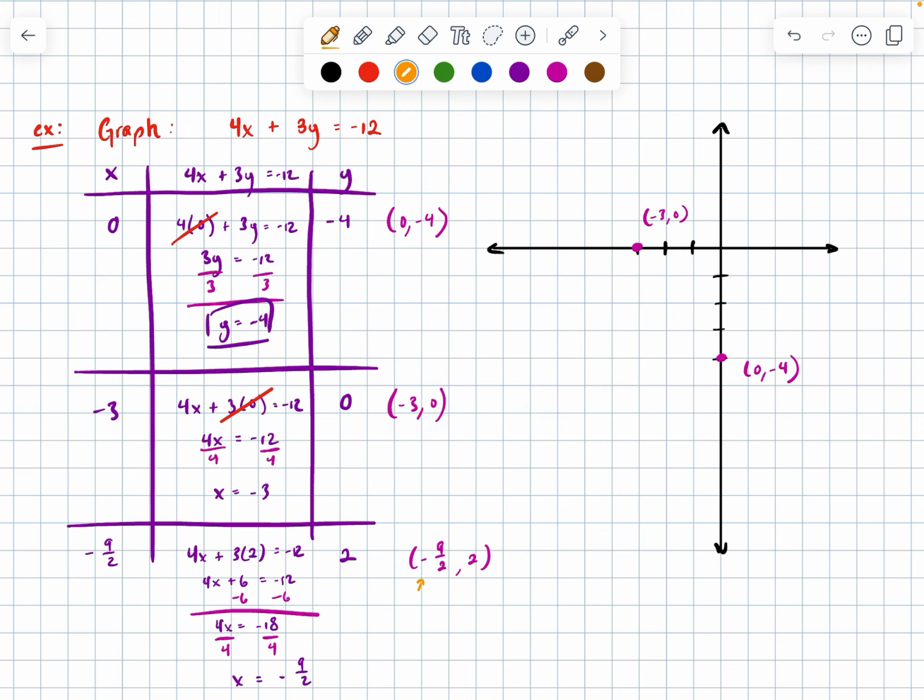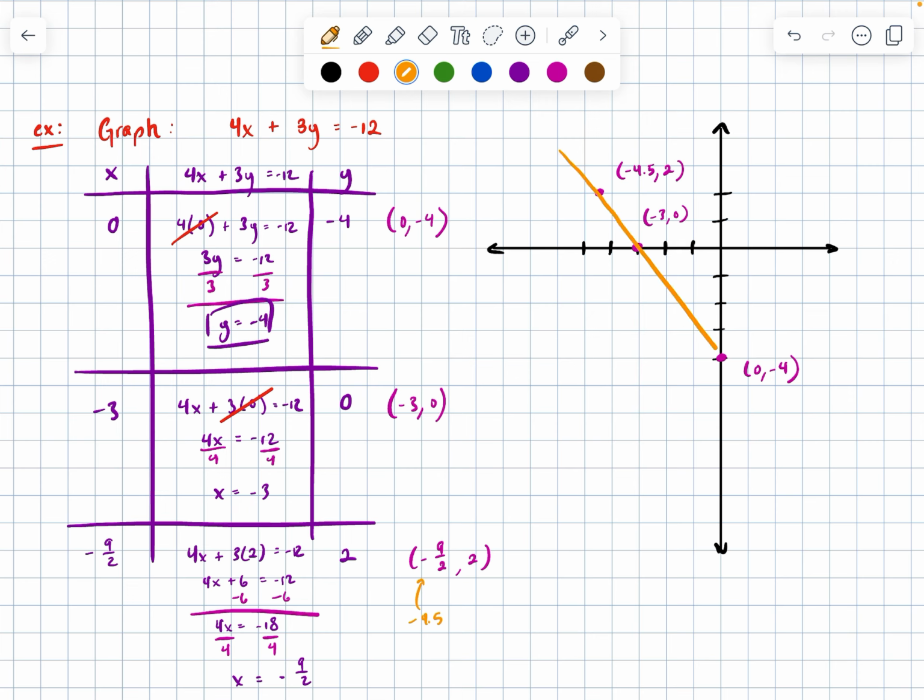Well, negative 9 over 2 would be equivalent to negative 4.5. Negative 4.5 is between negative 4 and negative 5 on the x-axis. And then on the y-axis, I need to go up 1, 2. So negative 4.5 comma 2 would be right over here.